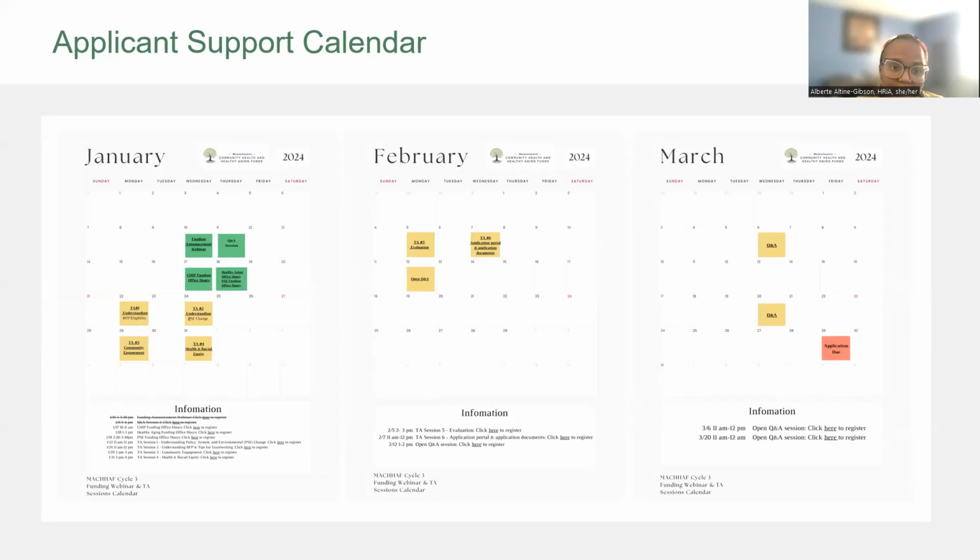And so this week we have PSE and healthy aging related office hours that will take place. And some additional office hours that will take place again the following week and into February and March. And so please check out the website for the calendar of support.